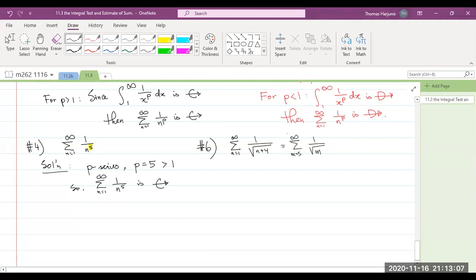Is that right? I do substitution. But notice that this is the P series when P equals 1/2.